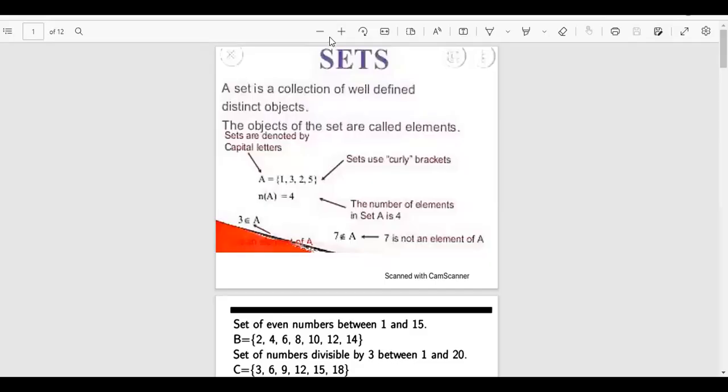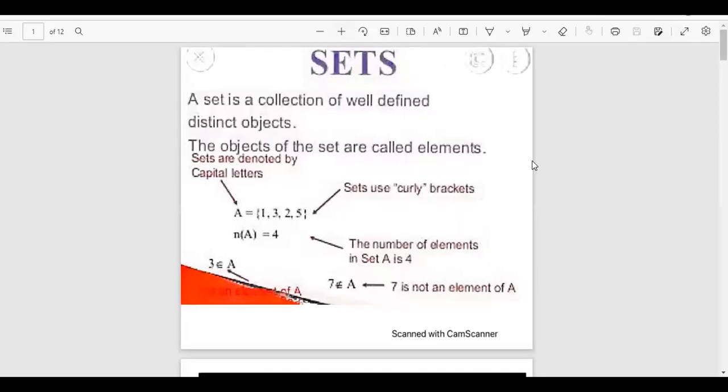Okay, so basically we know that a set is basically represented using these curly brackets. These are the elements or the objects of the set. This is basically telling you the number of elements in that set. This is the belongs to sign.